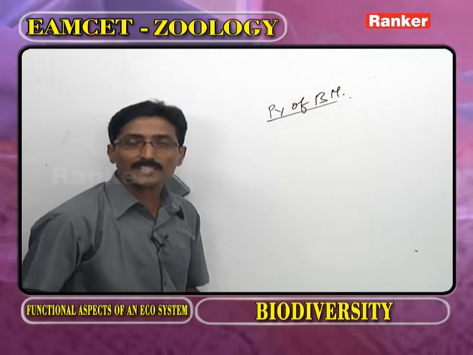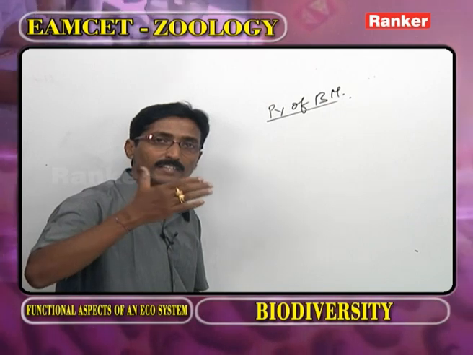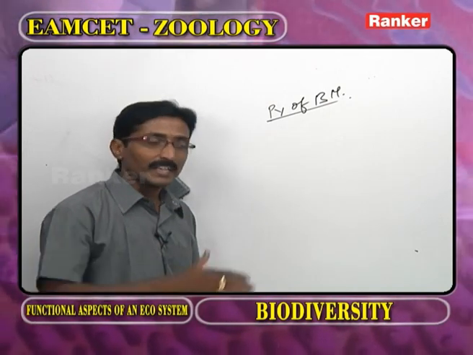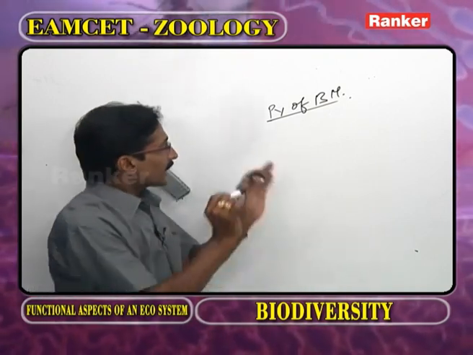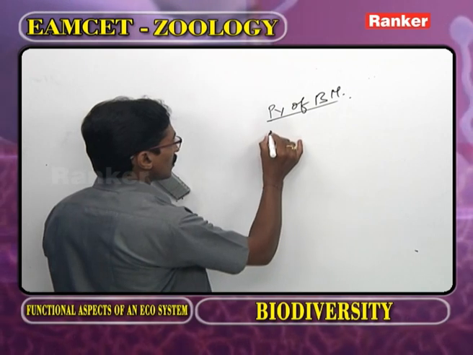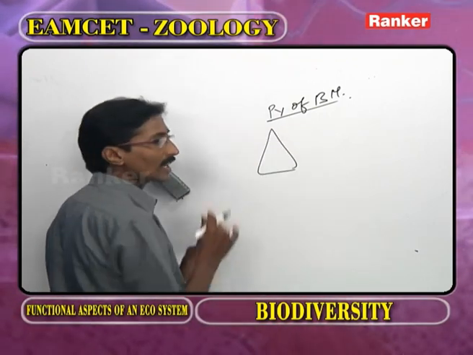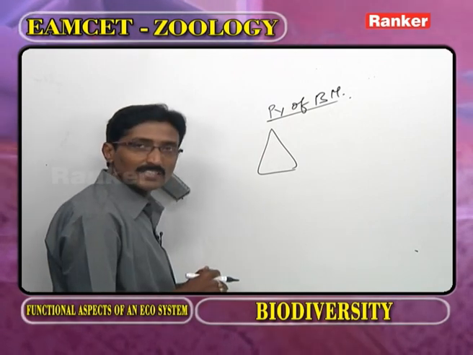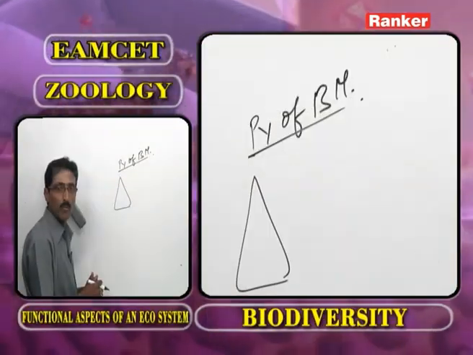As we observe the ecological pyramids, as trophic level increases, the number decreases, and as the number decreases, the biomass decreases. In general, what is the shape of pyramid of biomass? No doubt it is triangular, straight or upright. But here what is being asked? What is the pyramid of biomass in a pond ecosystem?